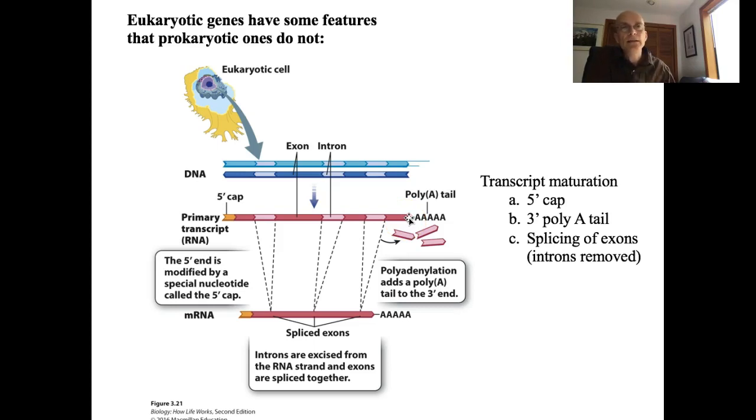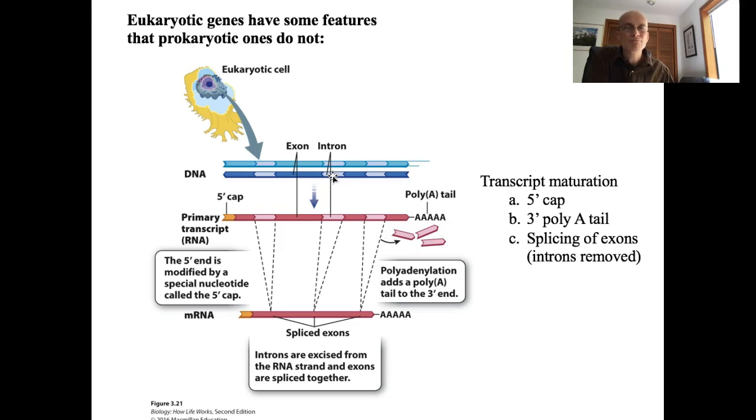What I want to point out in this particular figure is that the DNA has parts within a gene, and we haven't defined the gene yet, I know, but the gene eventually makes a protein, and the protein has a certain function. But a gene, being made of DNA, in eukaryotes has intervening regions called introns that are not needed for the protein.